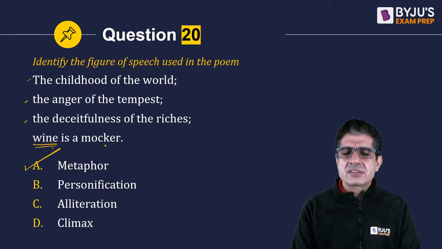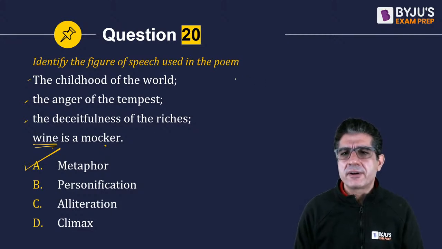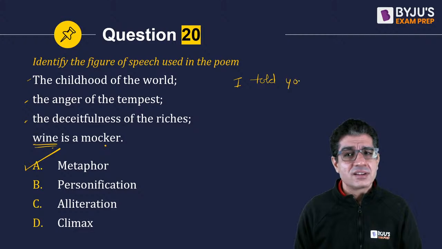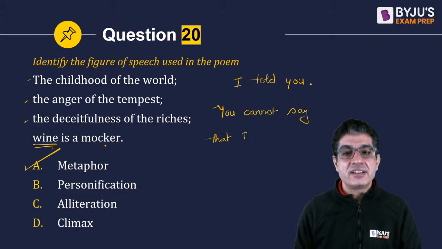For example, if I say that, you've heard of this legendary phrase, I told you. So instead of saying I told you, what if I say that you cannot say that I did not tell you?